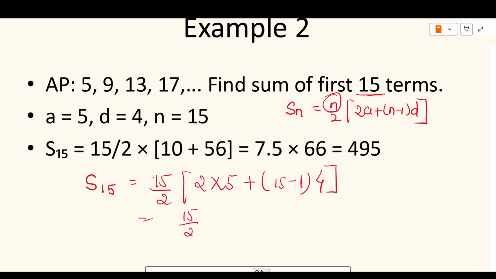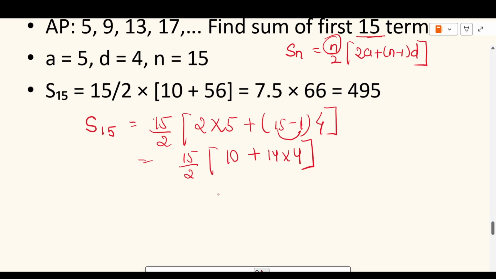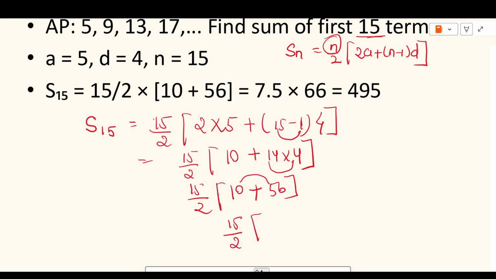So 15 by 2 (10 plus 14 into 4). 14 into 4 is 56, and the sum of 56 and 10 is 66. Cancelling from the table of 2, here is 33.